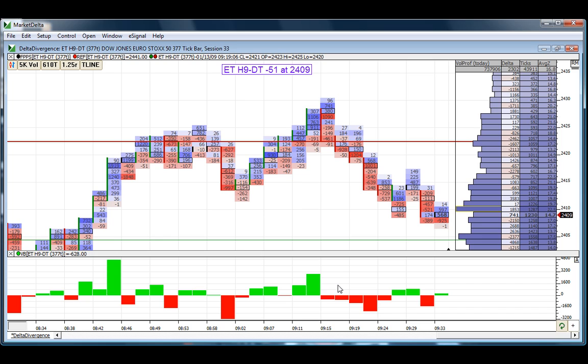Delta Footprint's job is to keep track and display the net difference between the buyer traded volume and the seller traded volume at each price. To understand what delta is with respect to market delta, a trader first needs to understand that a traded price will have a mix of motivated buyers and sellers.